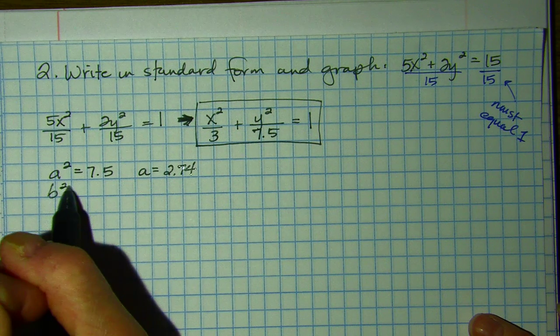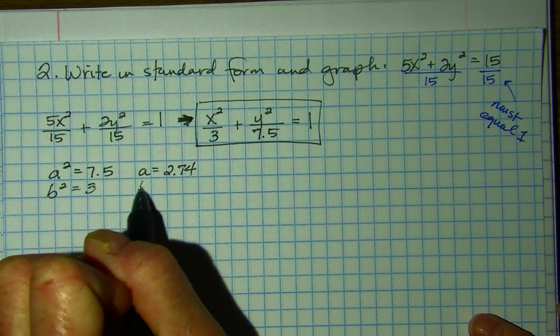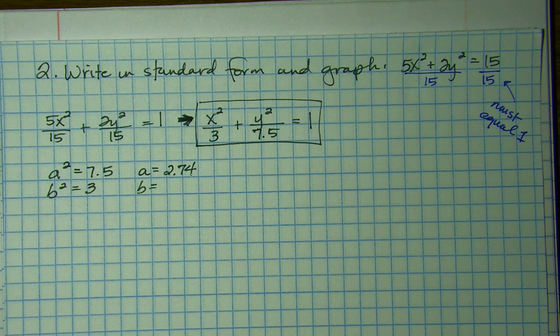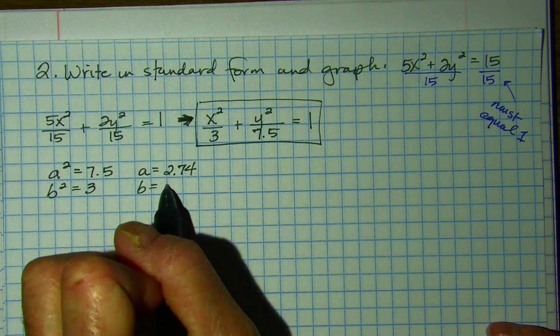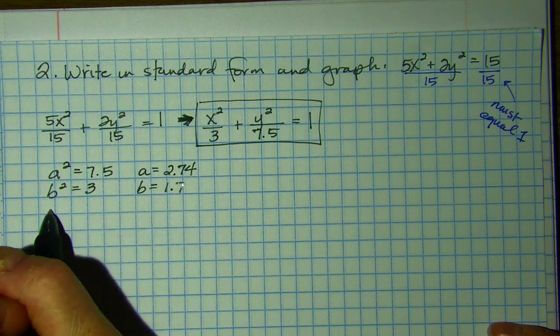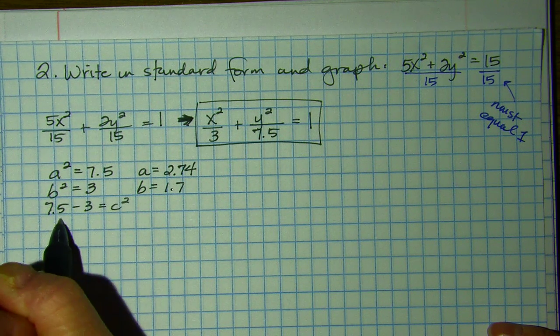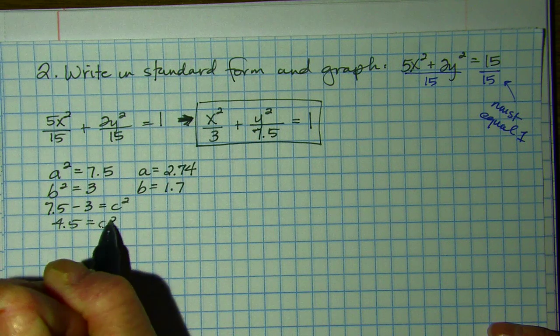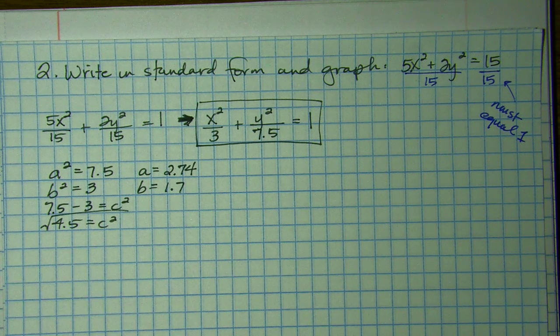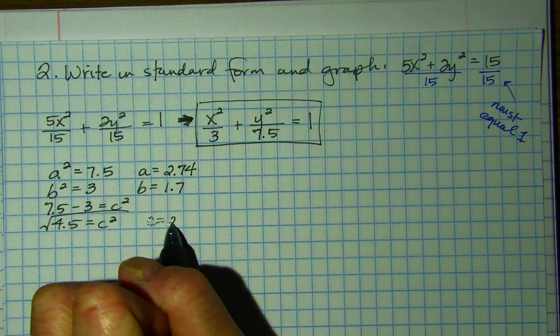B squared equals 3, so take the square root, and the square root of 3 is 1.7. And then 7.5 minus 3 will equal c squared, so 4.5 equals c squared. So if I take the square root of 4.5, c equals 2.12.